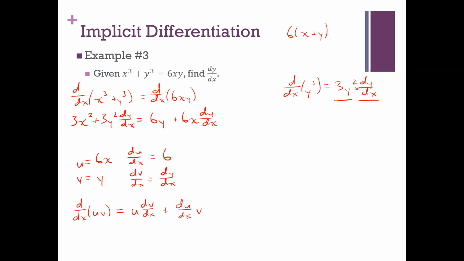So lots of ways you might see the product rule written, but they all basically say the same thing. Take this function, multiply by the derivative of the other, and then vice versa, and then take the sum. Good questions. Anything else?